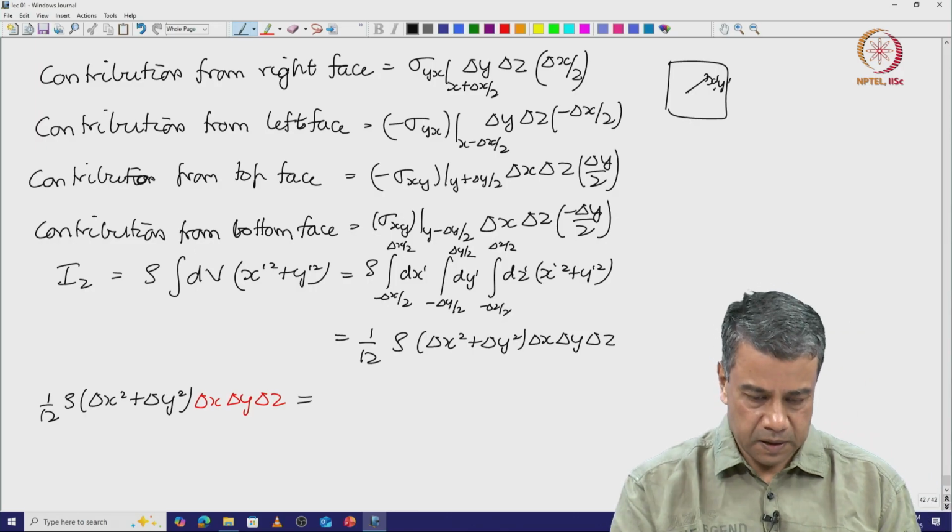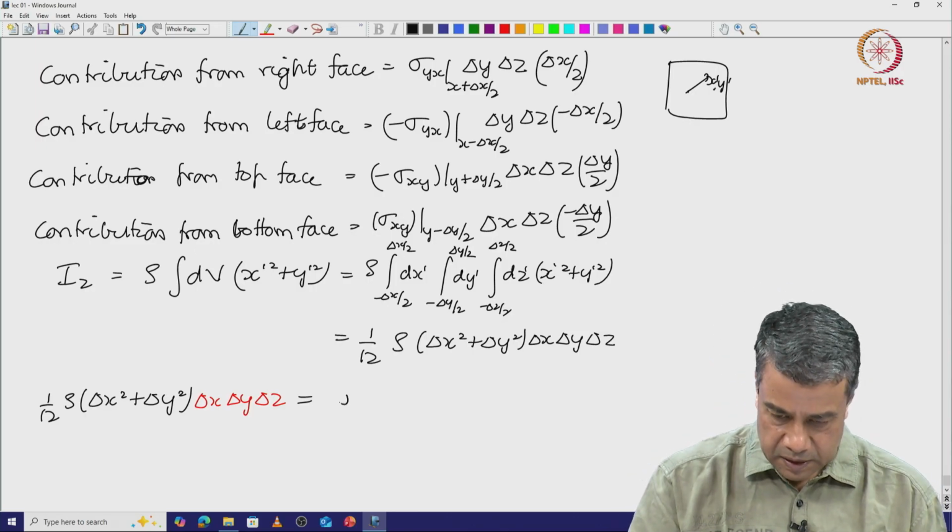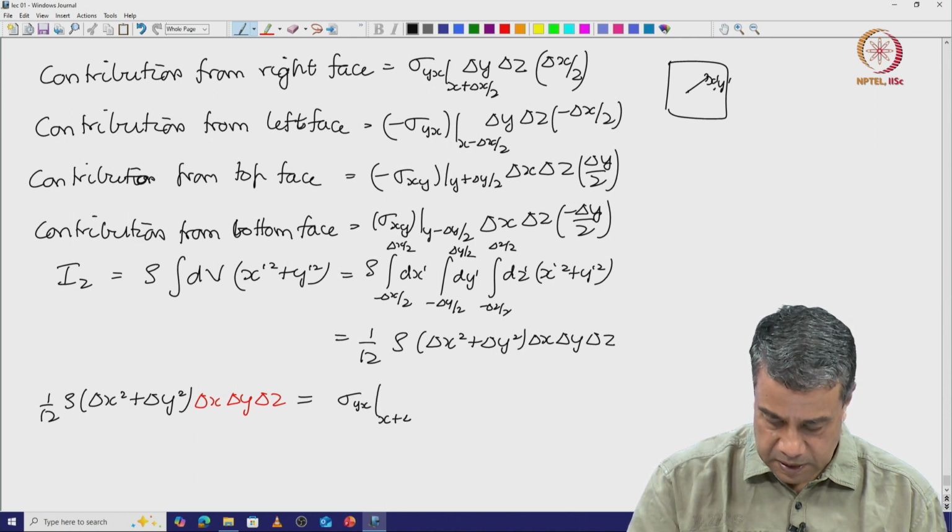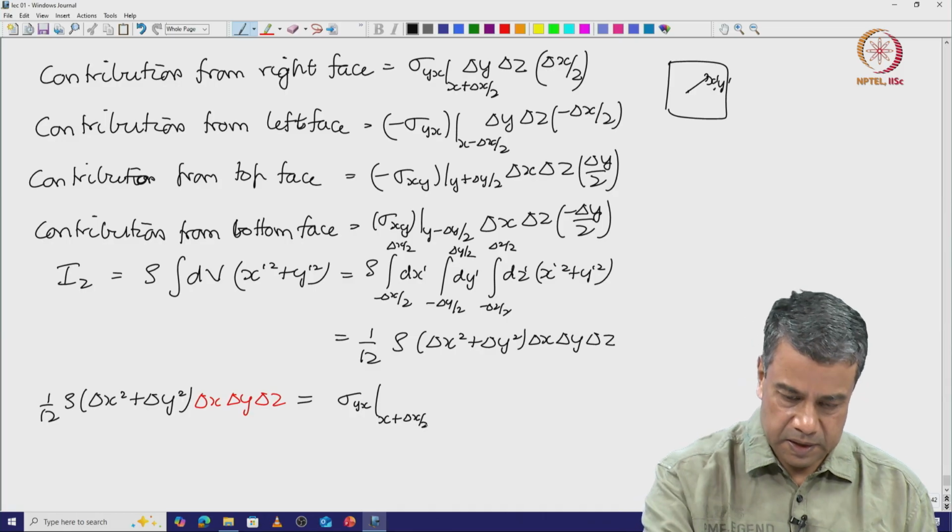So, I have here sigma y x at x plus delta x by 2. That is the first term here.